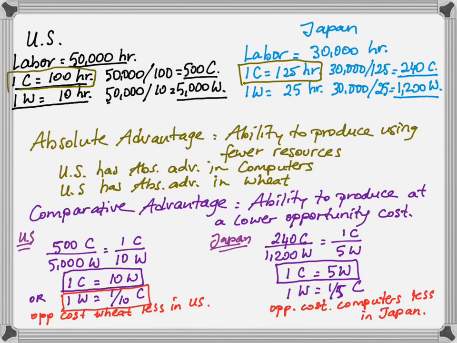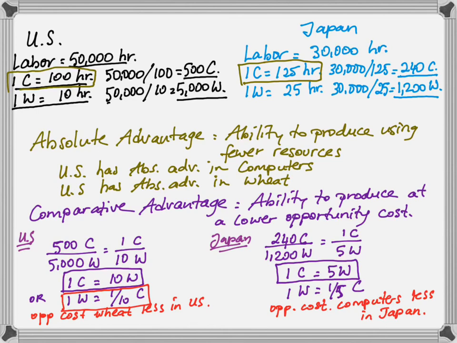So countries choose to produce the good that has a lower opportunity cost. And our result in this example is that what determines specialization and trade is comparative advantage. It is not absolute advantage.